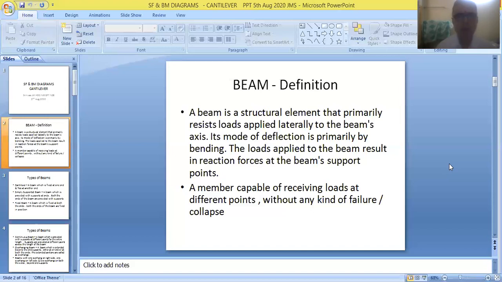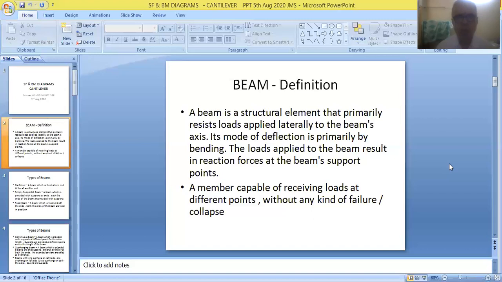And several loads will be acting on the top of the beam in vertical direction and mostly in downward direction. And these beams are arranged in horizontal position, and therefore loads will be acting in vertical direction.